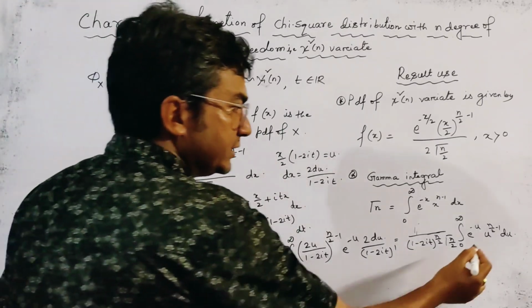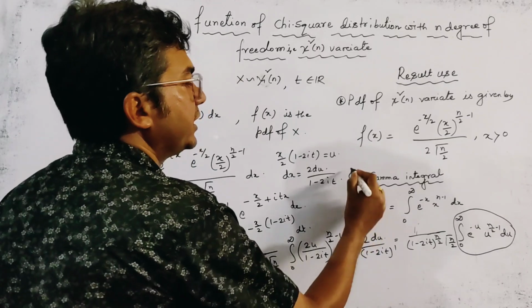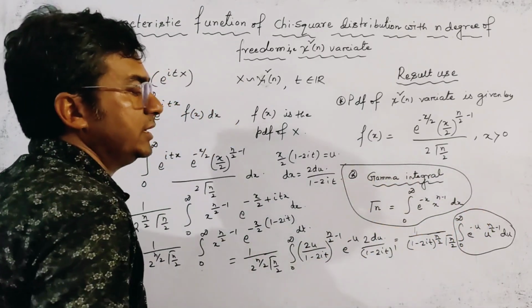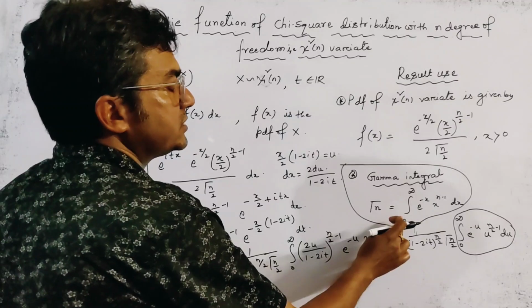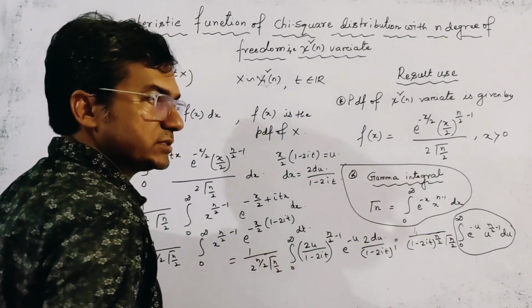And clearly this is a gamma integral. We already wrote the expression of the gamma integral: gamma n equals the integral from 0 to infinity of e to the power minus x into x to the power n minus 1 dx.